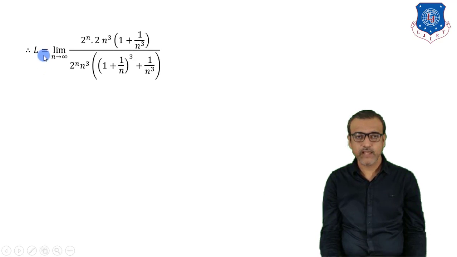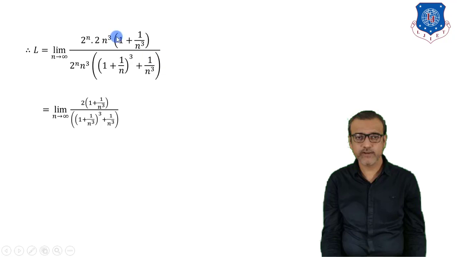So L equals limit n tends to infinite 2 raised to n into 2 raised to 1, n cube common, so into bracket 1 plus 1 upon n cube, upon 2 raised to n common from the bracket n plus 1 the whole cube, so it becomes 1 plus 1 upon n the whole raised to 3, and then after taking n cube common, it becomes n cube into bracket 1 plus 1 upon n the whole raised to 3 plus 1 upon n cube. Now we will simplify this result.